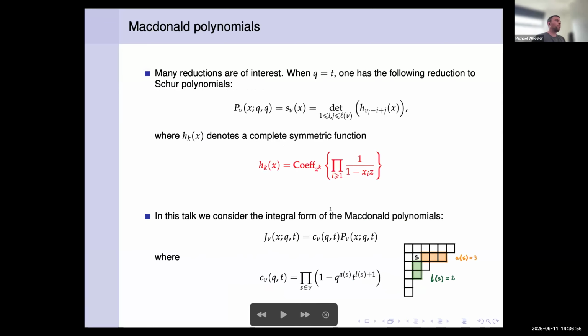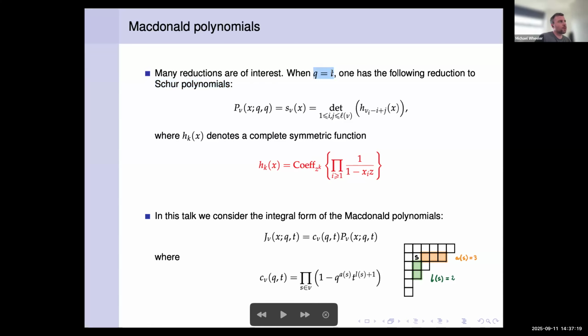Macdonald polynomials are very well studied, very famous, and they have many nice reductions. Probably the nicest one is that if you take one of those two parameters, say the q parameter, and set it equal to t, then you get a reduction to another very famous basis, which are called the Schur polynomials.